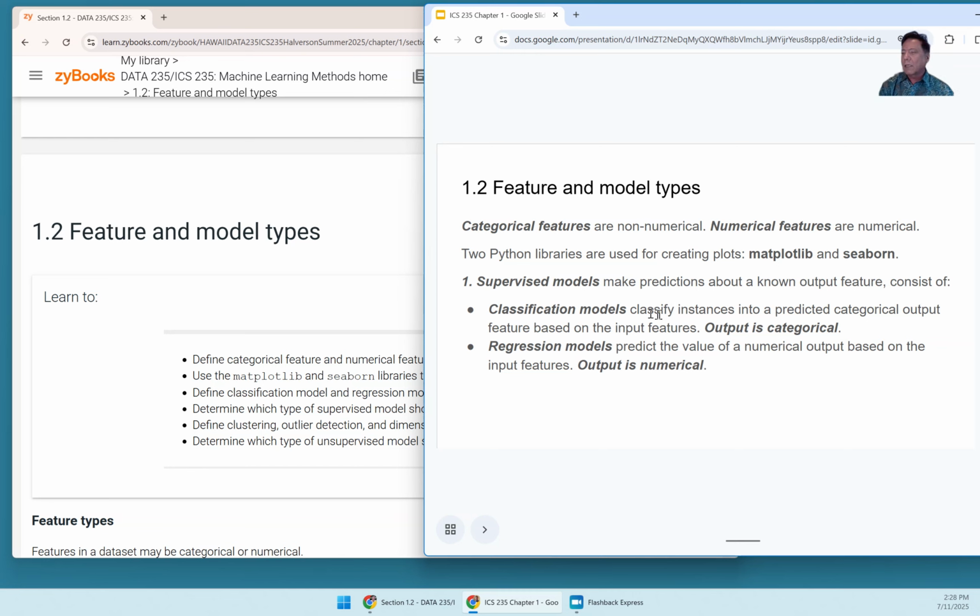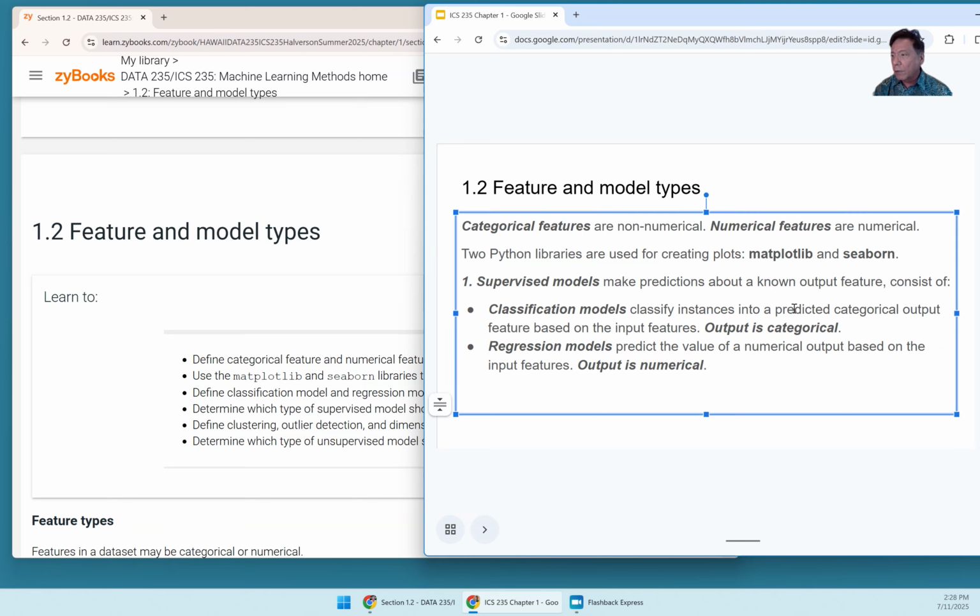Classification models predict categories. The output is categorical. It's blue, it's red, it's a lion, it's a tiger. The other kind of supervised model is the regression model. Like we're going to try to predict the price of a stock tomorrow, for example. And so the output is numerical.